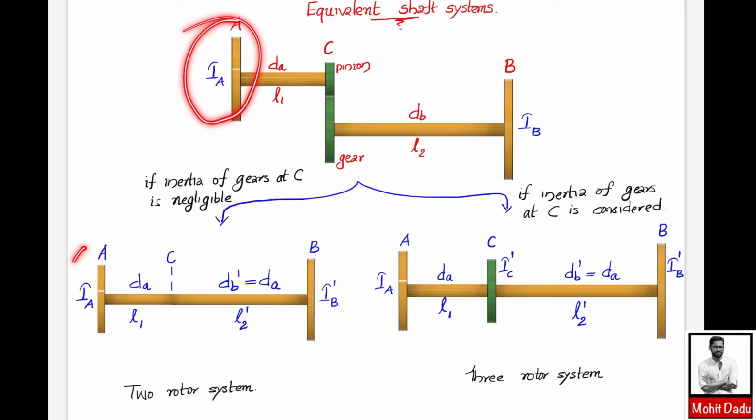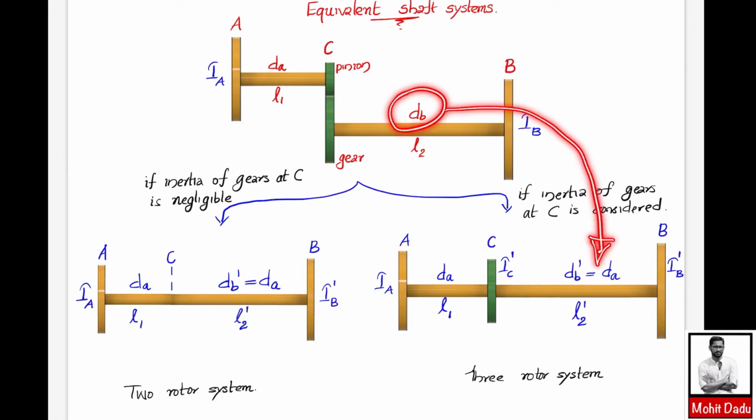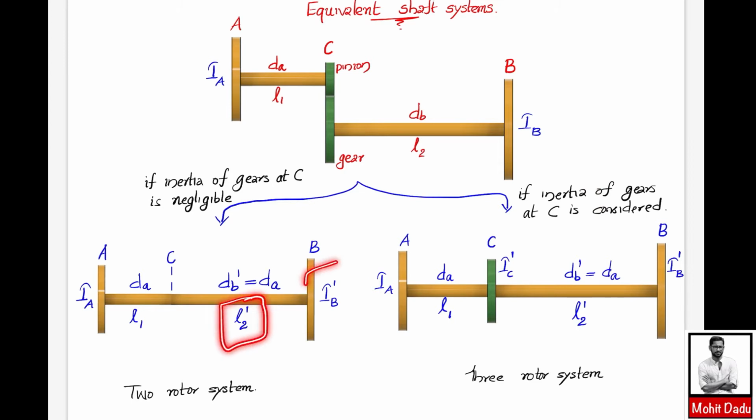Here the diameter is kept constant, that means dB becomes dB dash, but it is the same as dA. The differences, similar to the previous case, are L2 dash and IB dash, and the same values will apply for this L2 dash and IB dash. Along with that, there is the mass moment of inertia of this pinion and gear arrangement, that is IC, and this IC will be equal to IC1 of the pinion plus IC2 of the gear, which you will understand when we are solving a problem also.